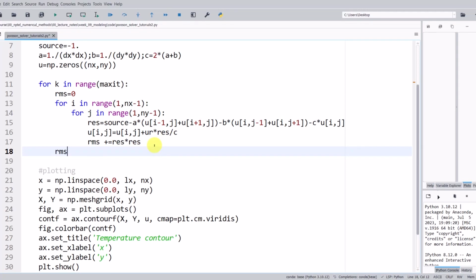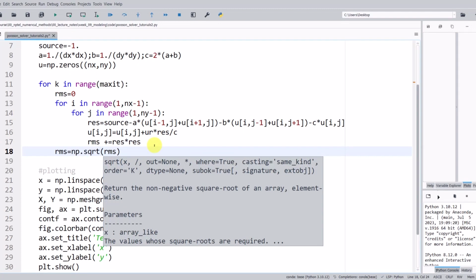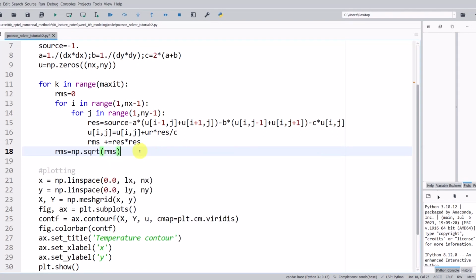So RMS is equal to np dot sqrt of RMS, and you can divide it by the total number. Even if you don't divide, it will work. So it should be nx minus 1, ny minus 1, but it will not make much of a difference here.